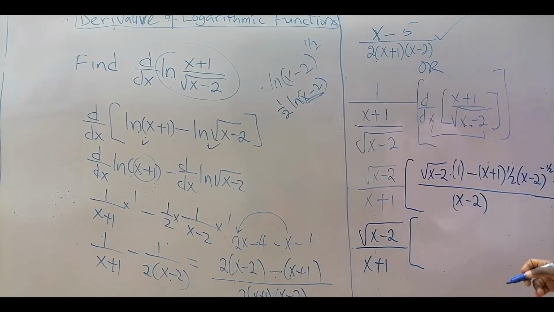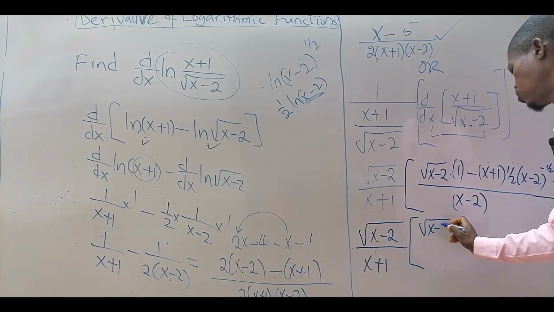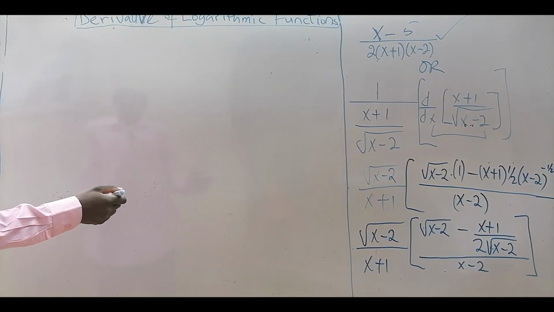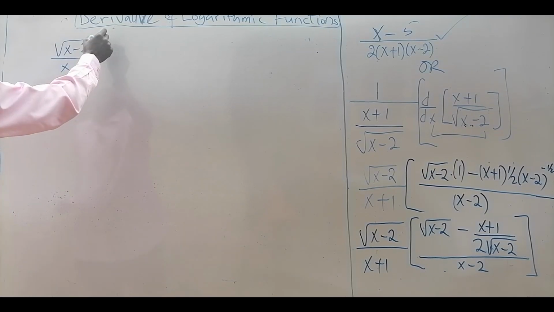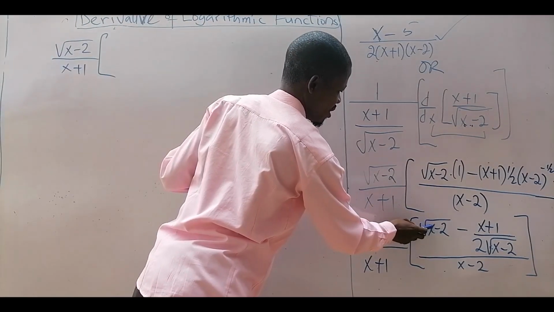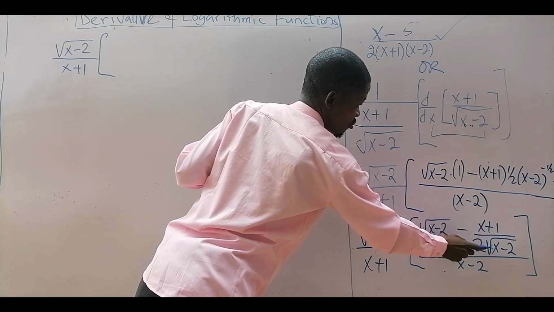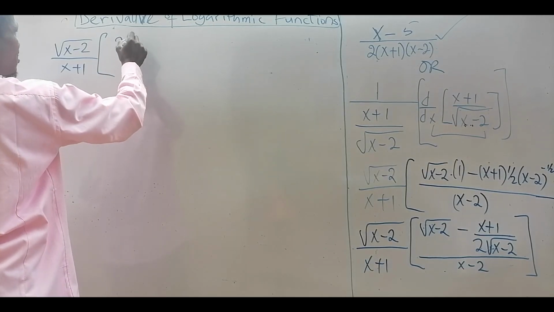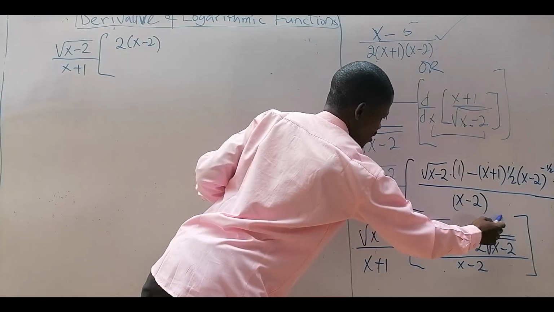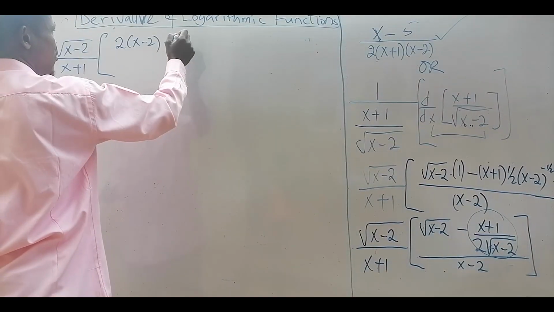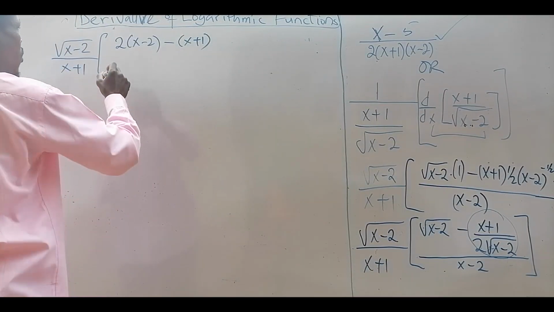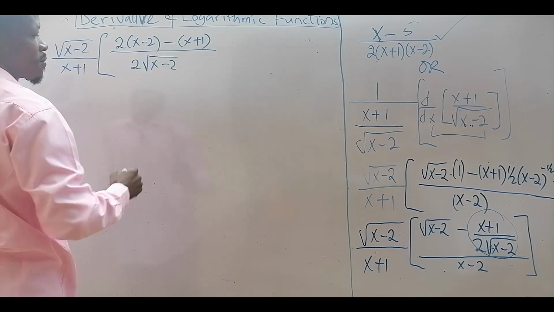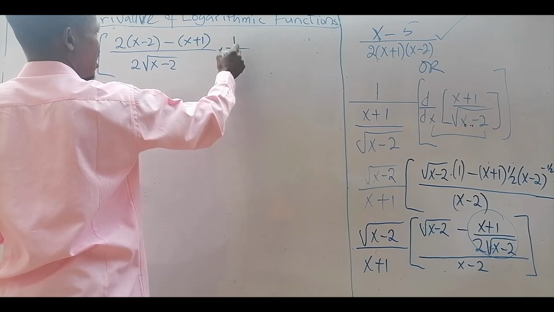Then open your brackets. We multiply by the denominator, that's 2 times the square root of x minus 2, and do the same thing for everything here, giving minus (x plus 1) over 2 times the square root of x minus 2, times 1 over x minus 2.